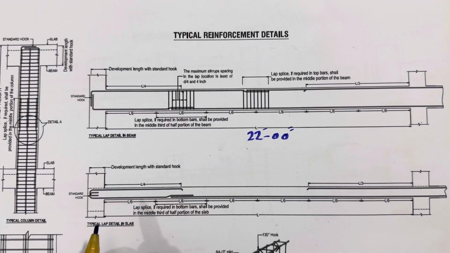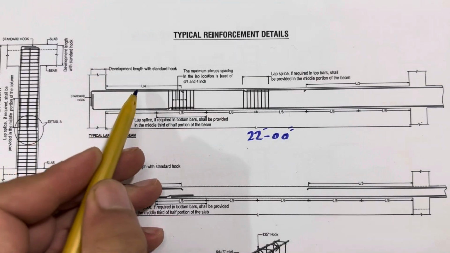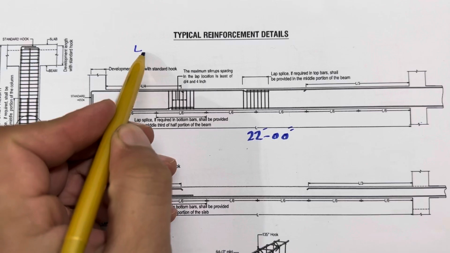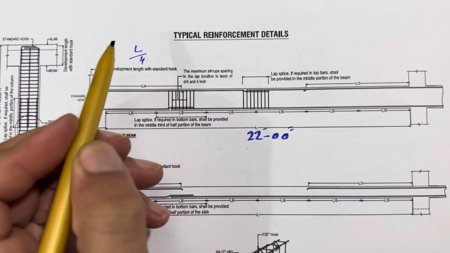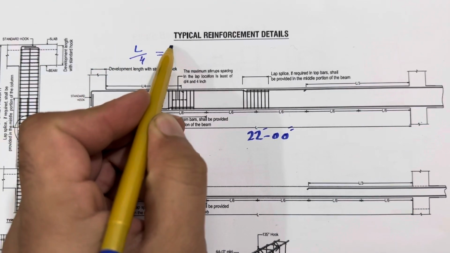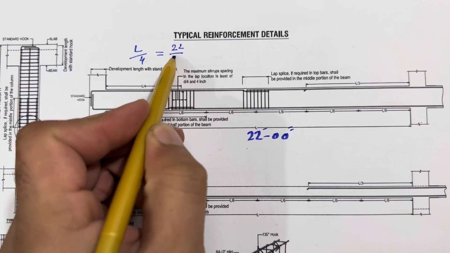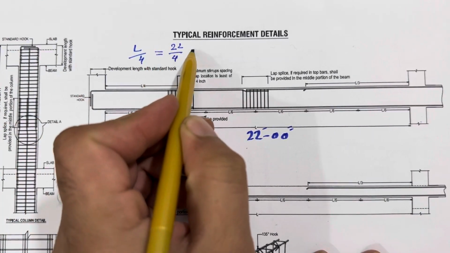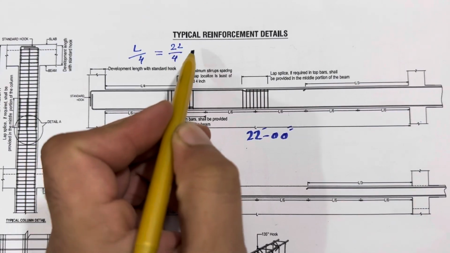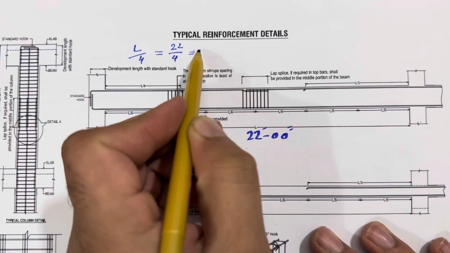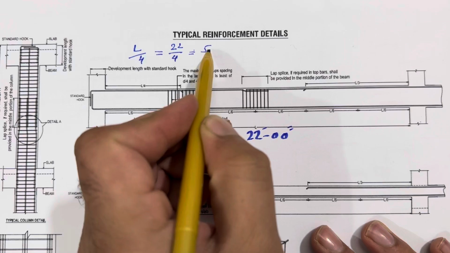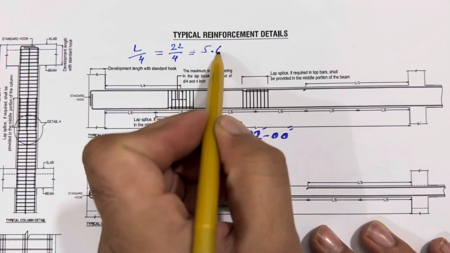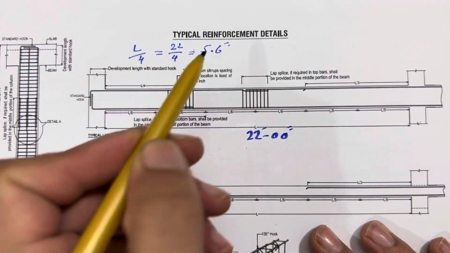So here guys, if you see, we have L by 4 distance. L by 4 means this span, which is L divided by 4, where L is 22 feet divided by 4. You will get about 5 feet and 6 inches, right? 5 feet and 6 inches, or you can say 5.5 feet.